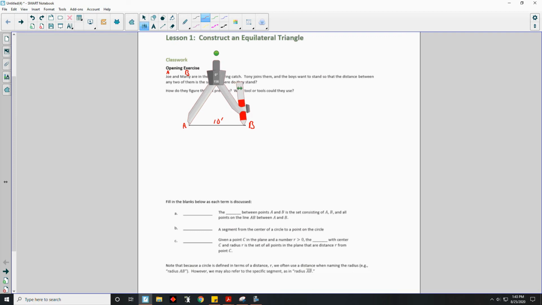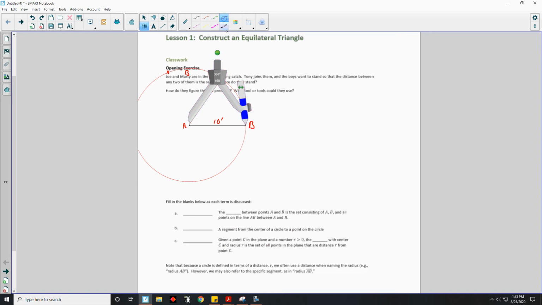Let me just move it a little bit. And then I'm going to draw a circle. All right, so by definition, a circle is a set of all points that is equidistant from the center. So AB would be my radius of this circle, and if I put Tony anywhere on this red line, he'd be 10 feet from A, because the distance from A to the edge of the circle is 10 feet because all radii are equal.